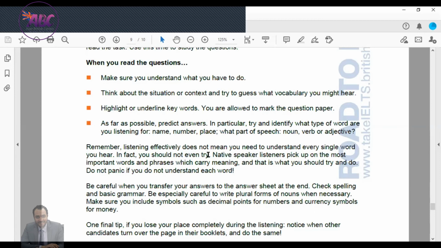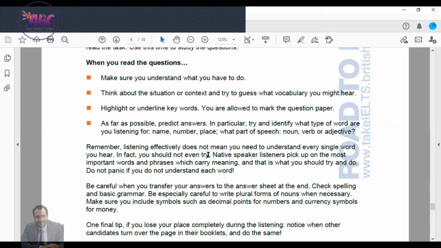Be especially careful to write plural forms of nouns when necessary. Make sure you include symbols such as decimal points for numbers and currency symbols for money. This is very important. Pay attention also to the punctuation rules.